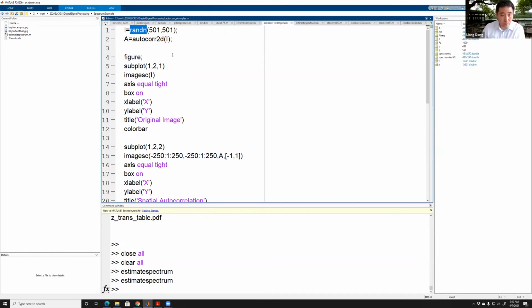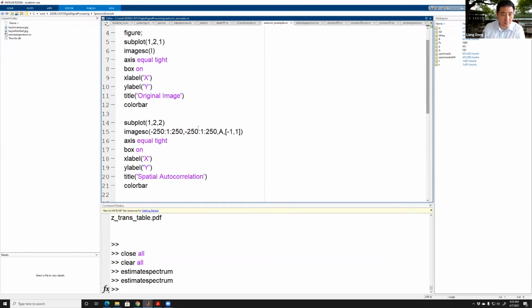Then I am doing a two-dimensional autocorrelation on this image I. In the figure, subplot the first picture, plot the image with the color of the image I. Axis equal, so X and Y are the same size, with box on. Label X and label Y, that's the original image. It also shows the color bar, so I know the range of those values.